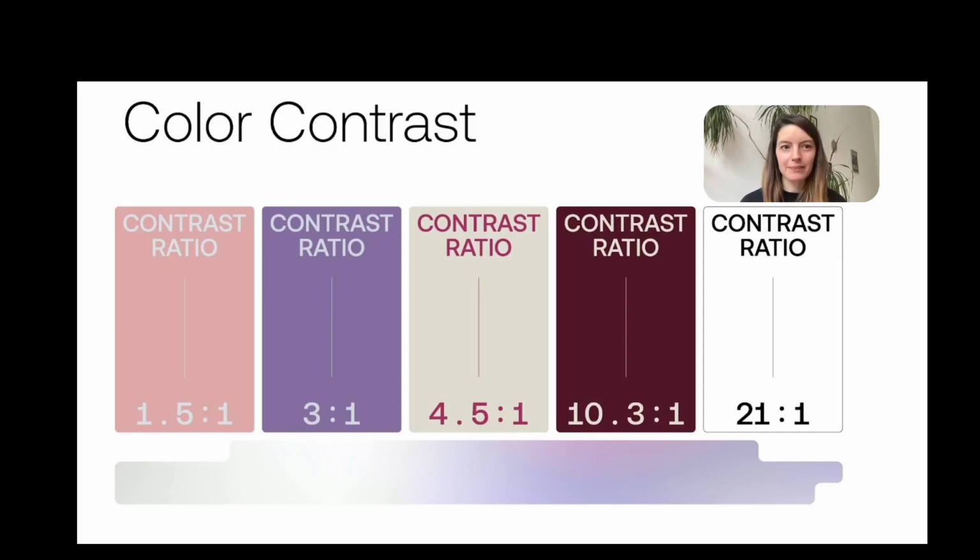You see on the left, you have 1.5 to 1. That is a very low difference, and 21 to 1 would be black writing on a white background, so that's the highest contrast you can get. High contrast helps people with visual disabilities or visual impairments to see better.